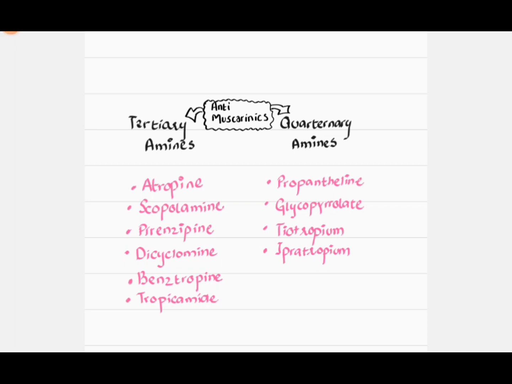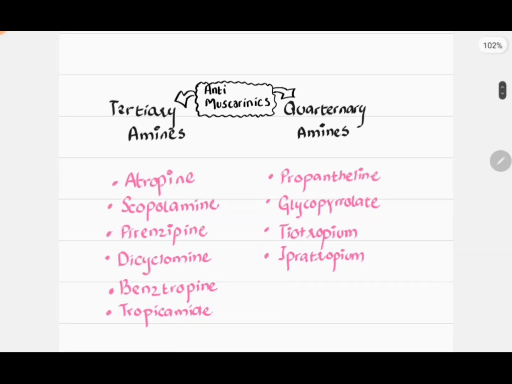The antimuscarinic drugs are divided into two main classes: the tertiary amines and the quaternary amines. In the tertiary amines, we have atropine, scopolamine, pirenzepine, dicyclomine, benztropine, and tropicamide. And in the quaternary amines, we have propantheline, glycopyrrolate, tiotropium, and ipratropium.